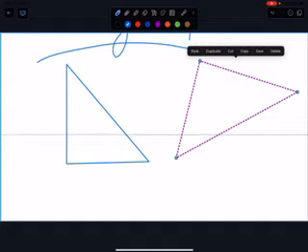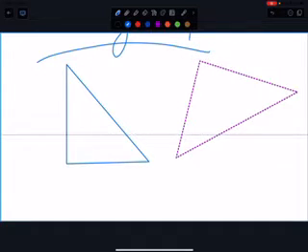Find the length of whatever. And that is the thing you have to find. So let's start. KLM, LM, and here they say it's PQR.